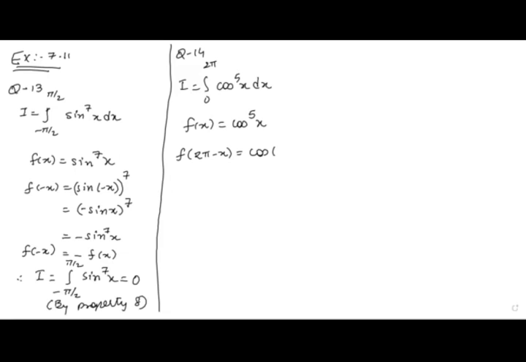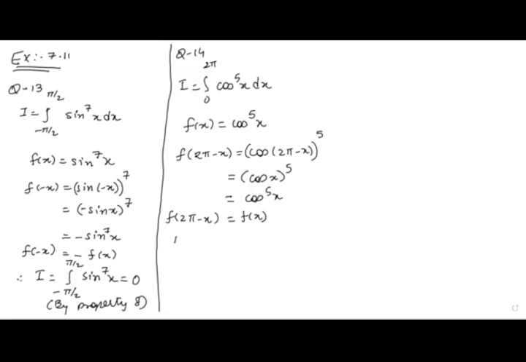So cos of 2 pi minus x whole raised to 5. As you can see, 2 pi minus x gives me the fourth quadrant, and in the fourth quadrant cos is positive. So it is cos raised to 5 x, that is f of x. As you can see, f of 2 pi minus x is f of x only.